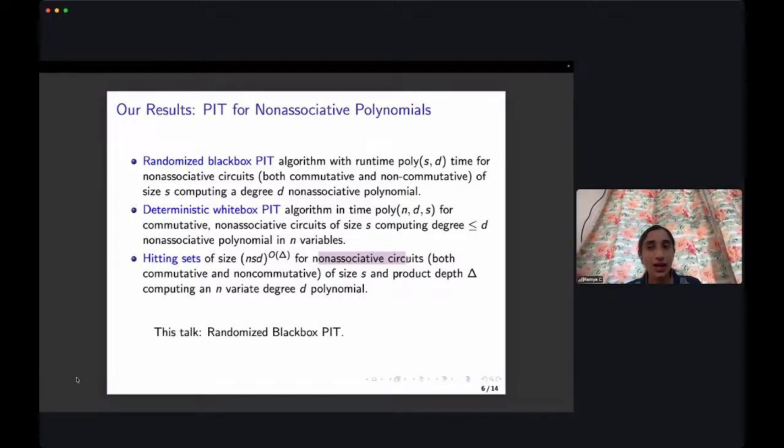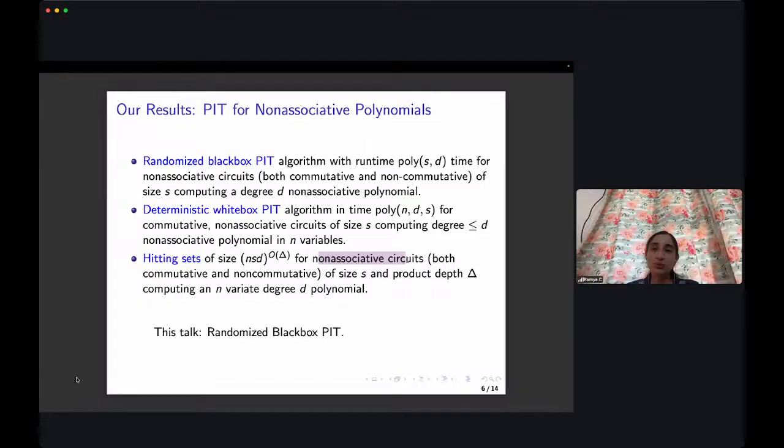It's usually called an unambiguous circuit, if you have seen it in other contexts. And then you obtain hitting sets for those unambiguous circuits by using a technique called the basis isolating weight assignment, which is also by now a fairly standard technique. So it's a little too advanced to describe this in a 25-minute talk.